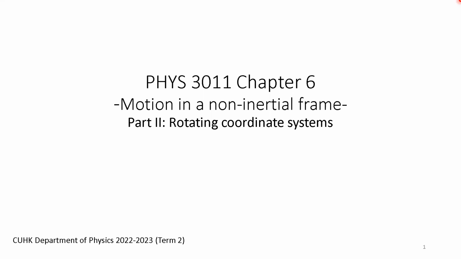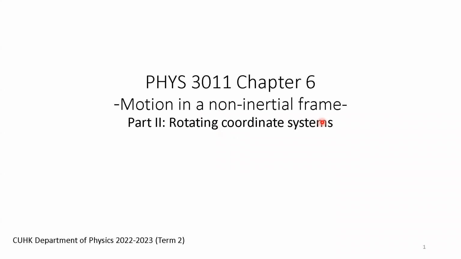If the reference frame is accelerating to the left, then your fictitious force would be to the right, exactly in the opposite direction. In this part, we are not going to consider a linear accelerating frame anymore. Instead, I'm going to consider a so-called rotating reference frame, or rotating coordinate system.